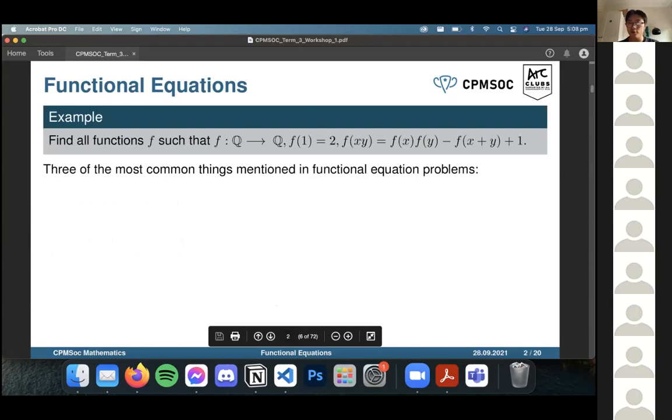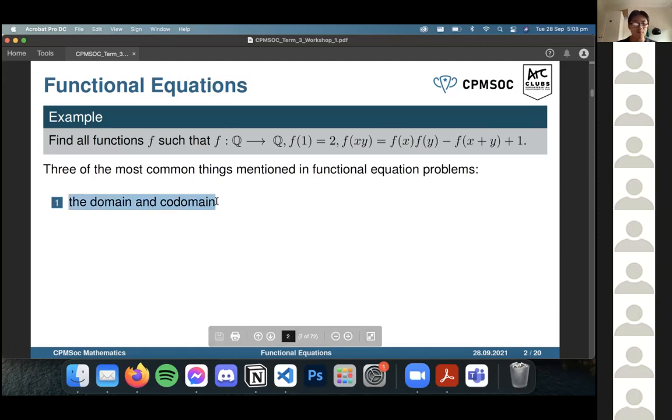And when we have a look at functional equations, we're not usually just given this one piece of information. It's like when you're integrating an indefinite integral and you get a plus c, sometimes we have a few more rules, a few more bounds that help us determine what specific function it is. So in this case, the first thing that is important is the domain and codomain, as you might remember from math 1a or math 1b.